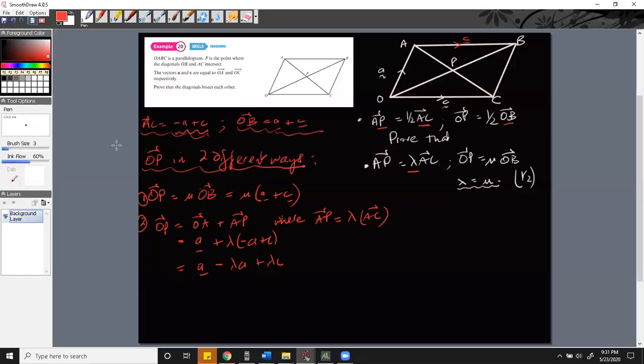So we've now got two equations that we're going to solve simultaneously. On the one hand, we've got OP is equal to mu lots of A plus C. And on the other hand, OP is equal to A minus lambda A plus lambda C. So what we've got to do now is equate the coefficients.